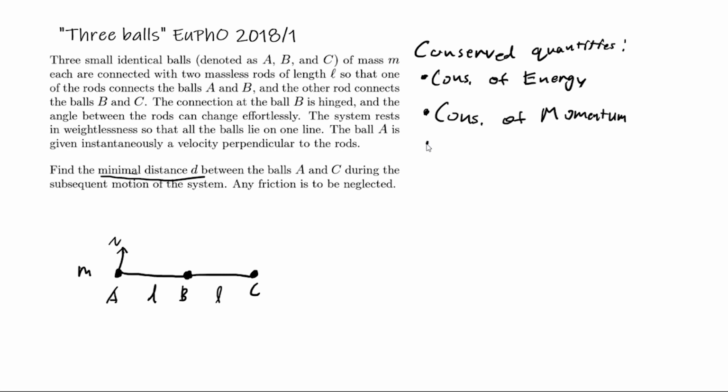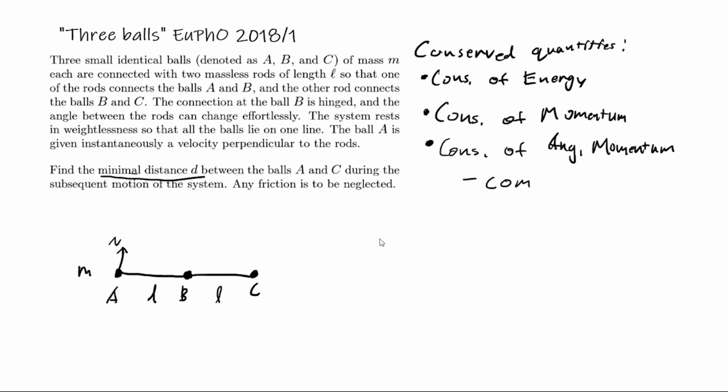And lastly, we can conserve angular momentum because there are no external torques. And one other special thing we can do is conserve about the center of mass, since that's allowed. You can check out any mechanics textbook for that.